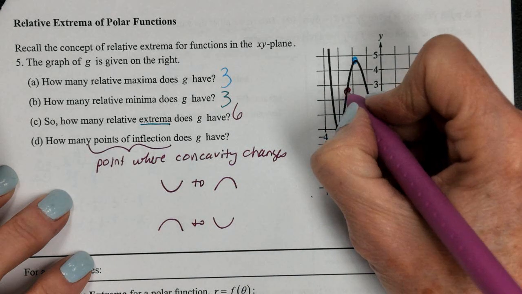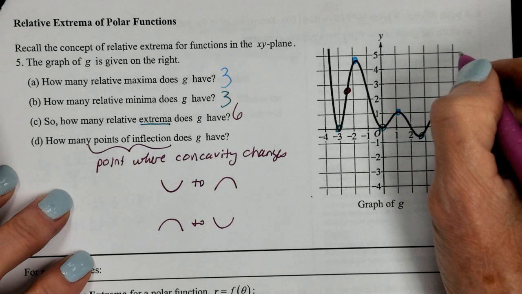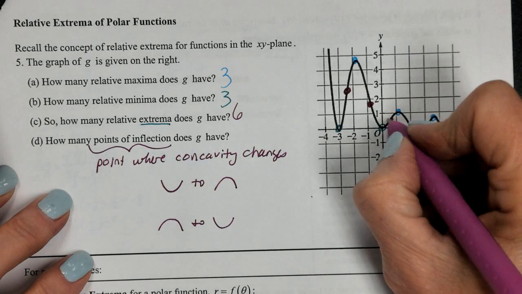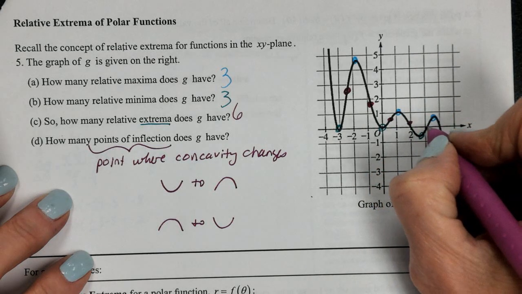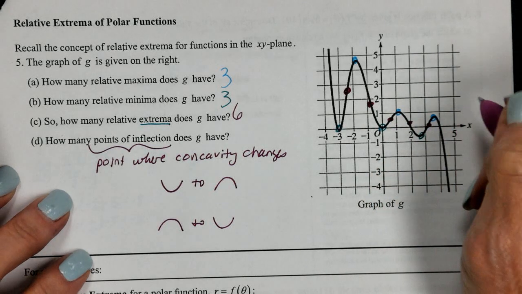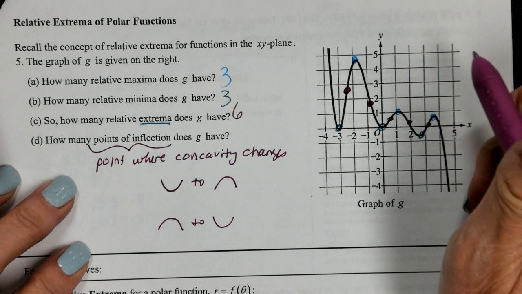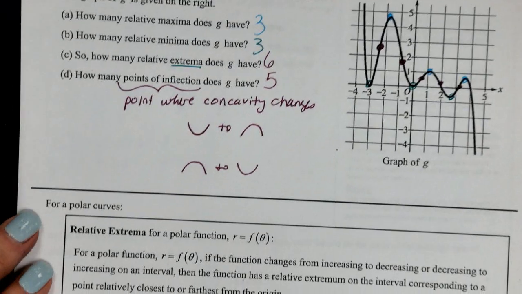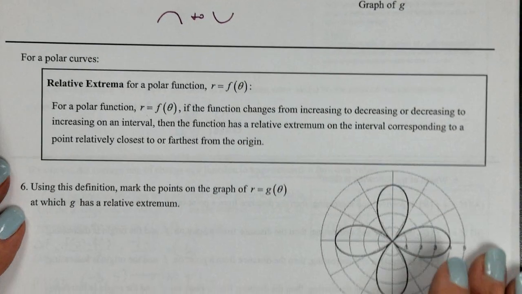I see one around that spot. I see one around this spot, and this spot, and this spot, and that spot. So how many are there? There are 5.